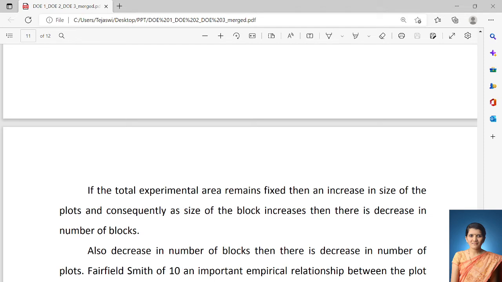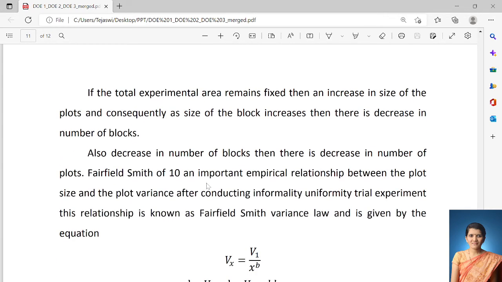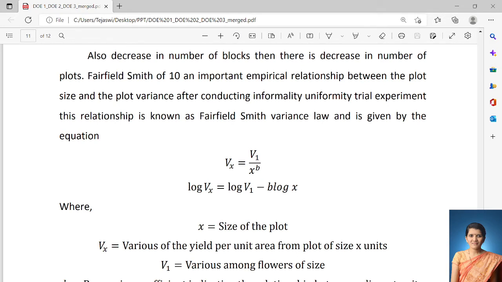Fairfield-Smith found an important empirical relationship between the plot size and the plot variance after conducting the uniformity trials of the experiment. The relationship is also known as the Fairfield-Smith variance law, and it is given by Vx equals V1 divided by x raised to b.